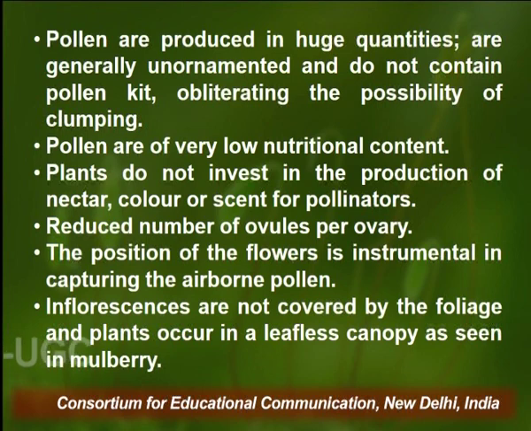Since there is no agent of pollination involved, the pollen are of very low nutritional content, because they may not be able to serve as a nutrient for any biological agency, especially those involved in pollination, because pollination is being carried out by wind.